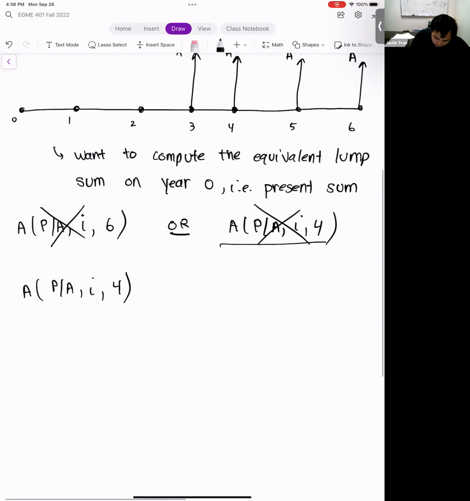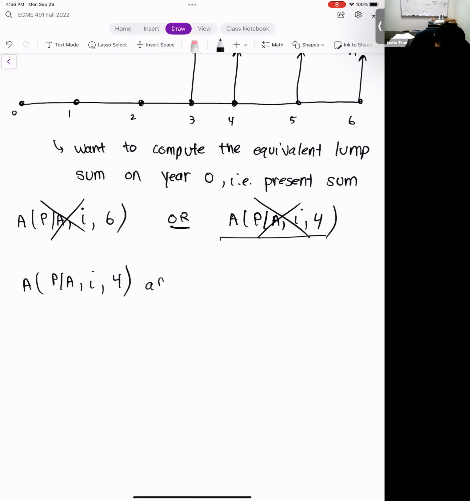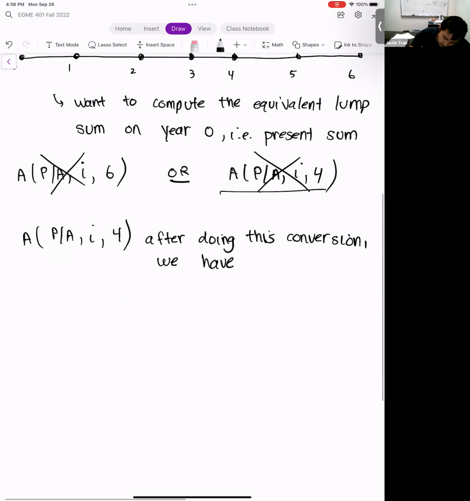After doing this conversion, we have... right, let me draw our cash flow diagram again.